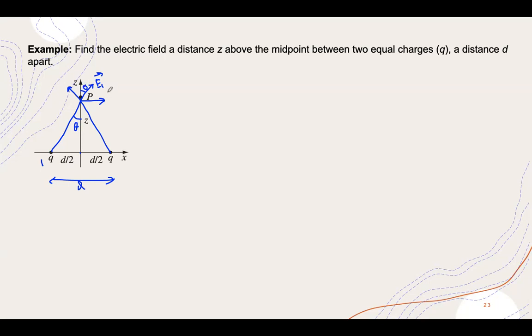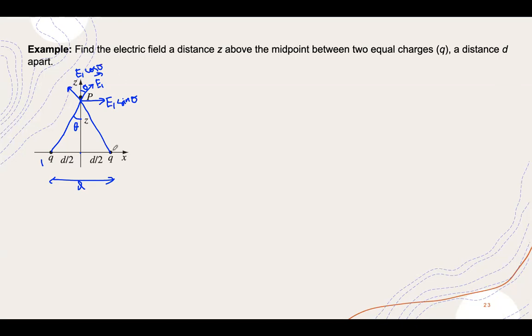Therefore, the component of E1 towards the x-axis is going to be E1 sine theta, right? I hope there is no doubt. And towards the z-axis, this should be E1 cos theta. Is it clear to everyone?